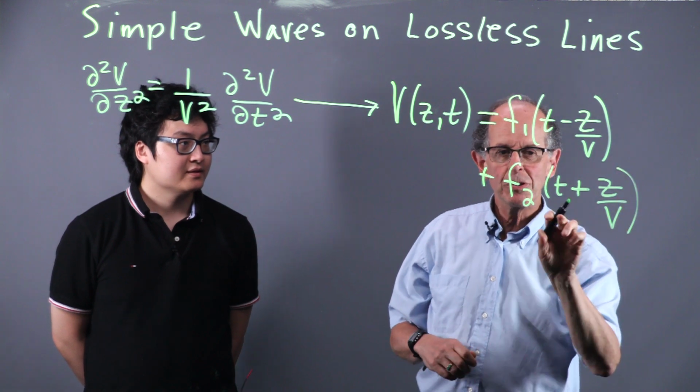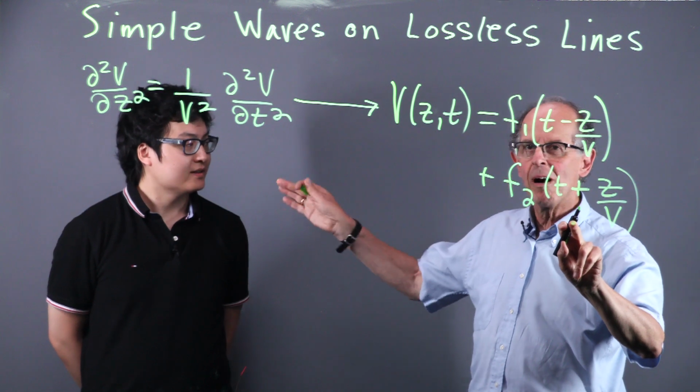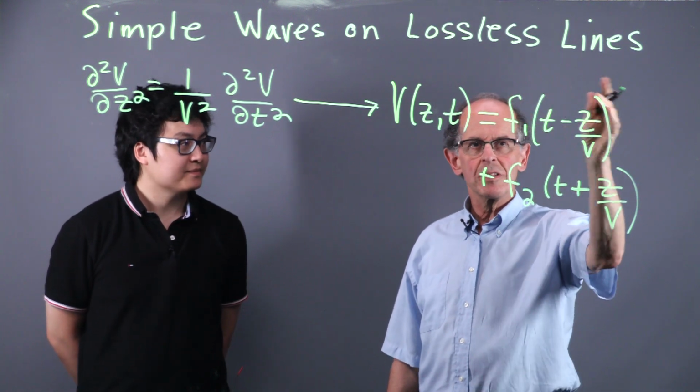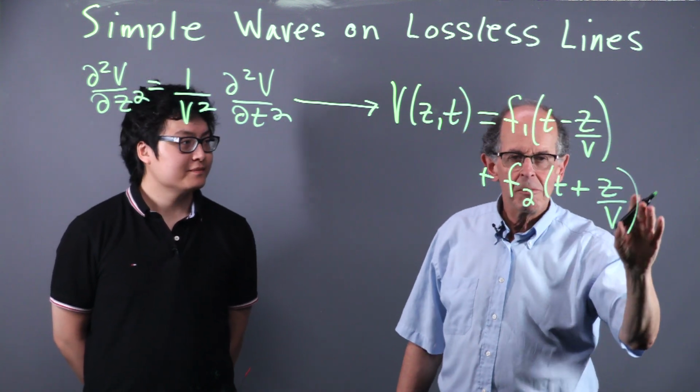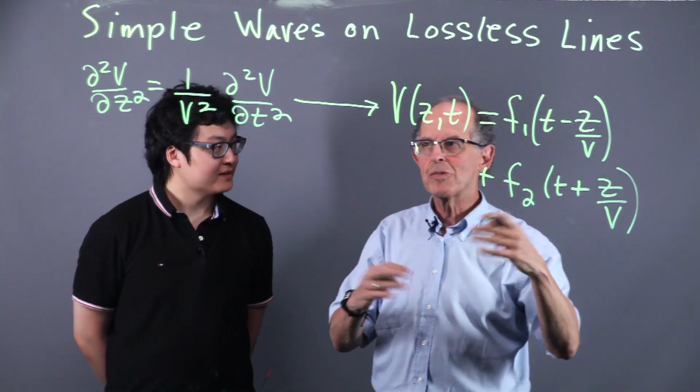When I pushed Sam, I was pushing him to my left. That's F2. Then he hit the wall and bounced back, and F1 models that. So this is a forward traveling wave to the right and a backward traveling wave to the left. And in general, you have combinations of both.